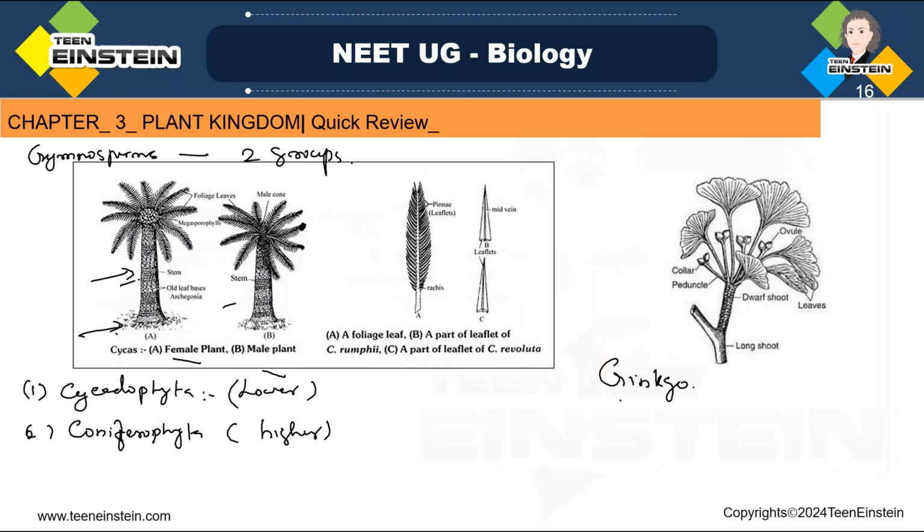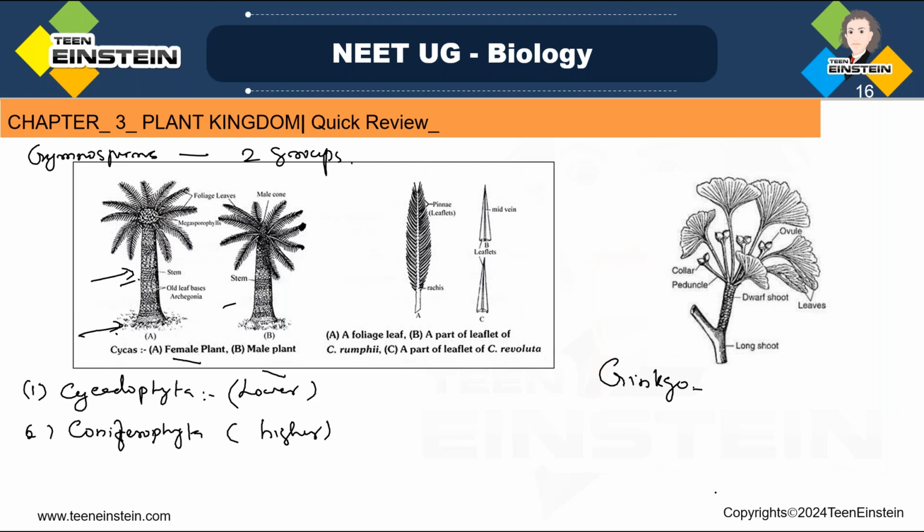Ginkgo biloba is a living fossil and is also called maidenhair tree. Then in Coniferales, for example, we have Pinus, Cedrus, and Taxus. Then for Pinales, the example is neem. So these are the main types of gymnosperms which you want to learn.